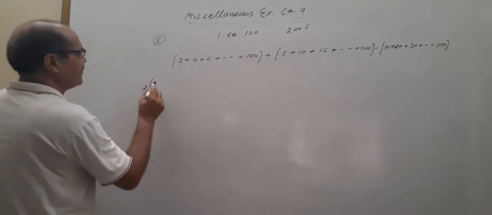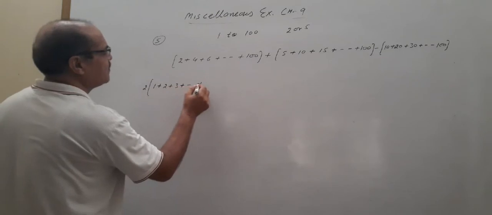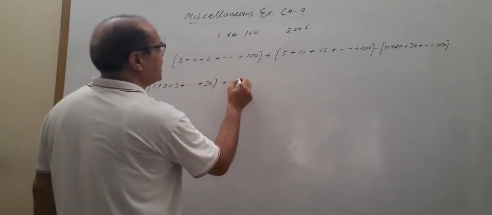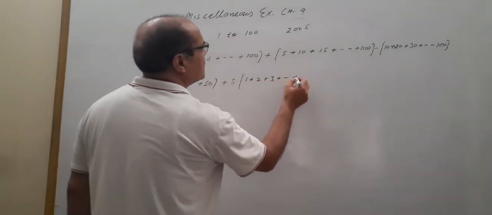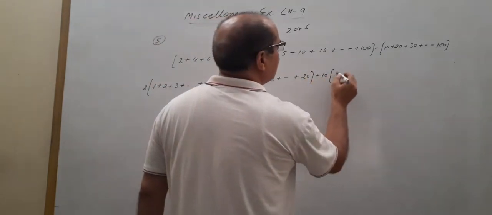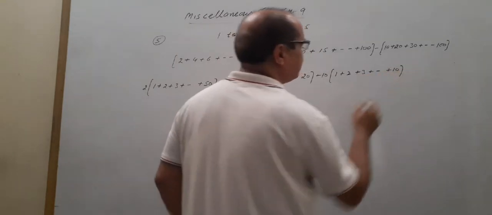2 common taken out, this becomes 1 plus 2 plus 3 plus and so on up to 50, and plus of 5 taken outside, this becomes 1 plus 2 plus 3 plus up to 20, and minus 10 taken outside, this becomes 1 plus 2 plus 3 plus up to 10.